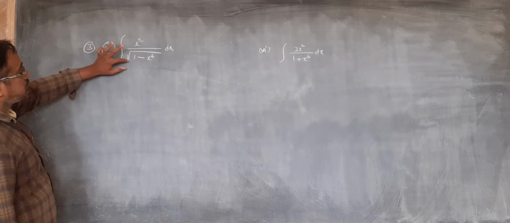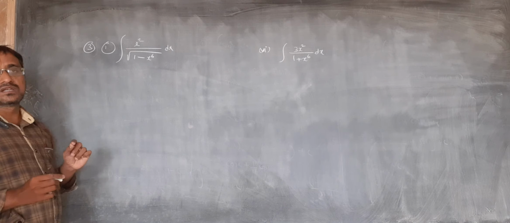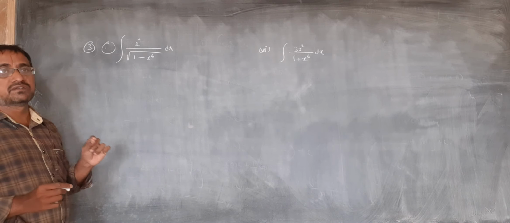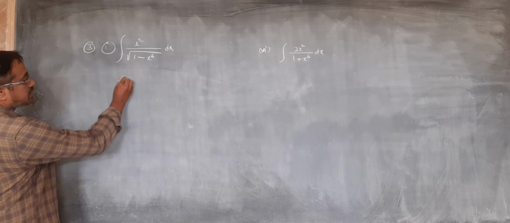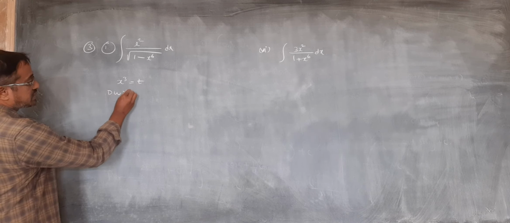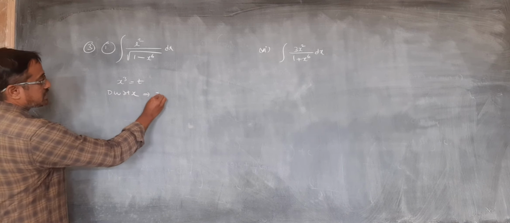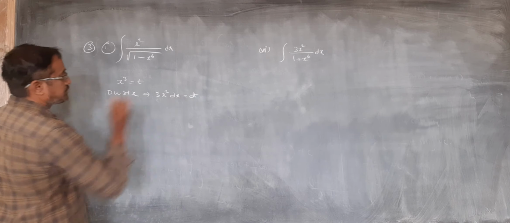Integral x square by root over 1 minus x power 6 dx. You need to identify the derivatives in the given integral. So if you take x cube as t, now differentiating with respect to x, you will get 3x square dx is equal to dt.